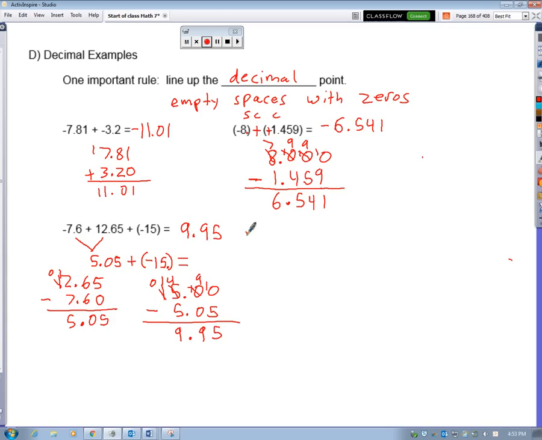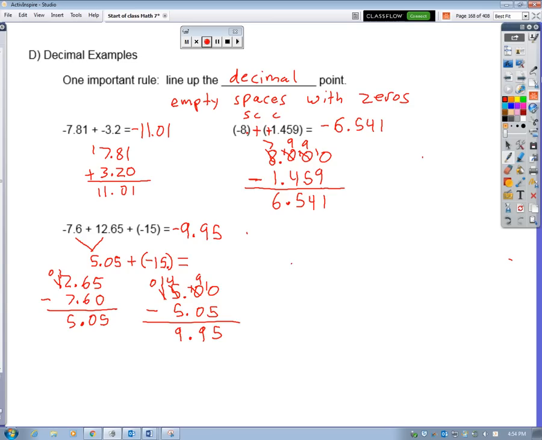Take a look at what sign it has to be. We just did this problem right here. Our negative 15 has a bigger absolute value, so it is going to be negative 9.95. Alright, there we go, guys. You just did adding and subtracting positive and negative fractions and adding and subtracting positive and negative decimals.